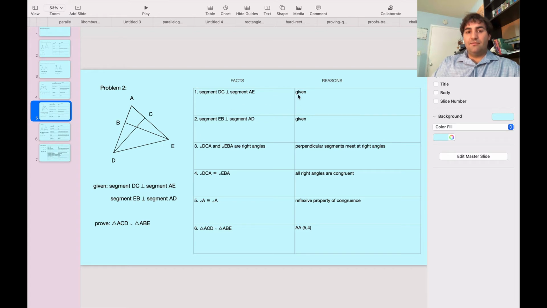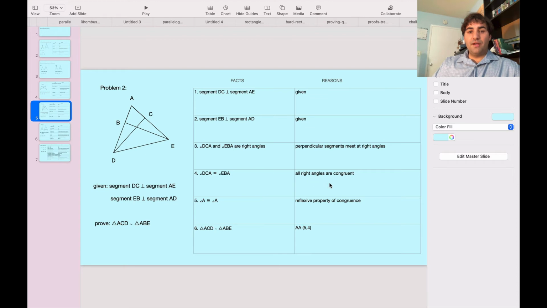So write down our givens, and we know that perpendicular segments meet at right angles. So this angle DCA, this angle here, is going to be a right angle, and angle EBA is also going to be a right angle, because of these two segments being perpendicular.